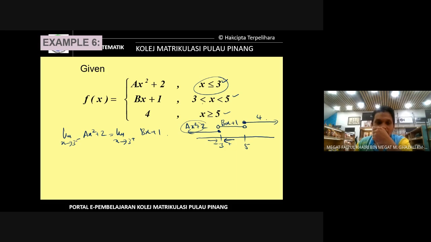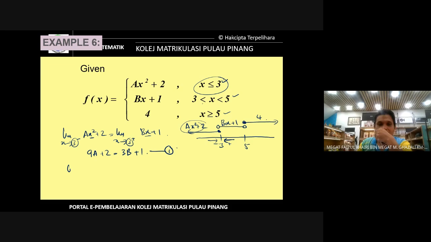So substitute x equal to 3 into x here. We got 3 squared equal to 9, 9a plus 2 equal to 3b plus 1. Equation 1.